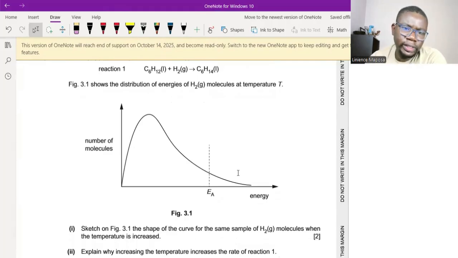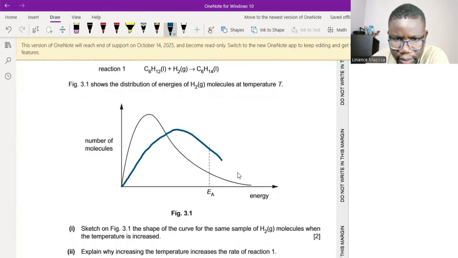Obviously we expect that when you increase the temperature, you shift the proportion. It goes like this. So here you can say at a higher temperature, because they didn't say what it's increased to.